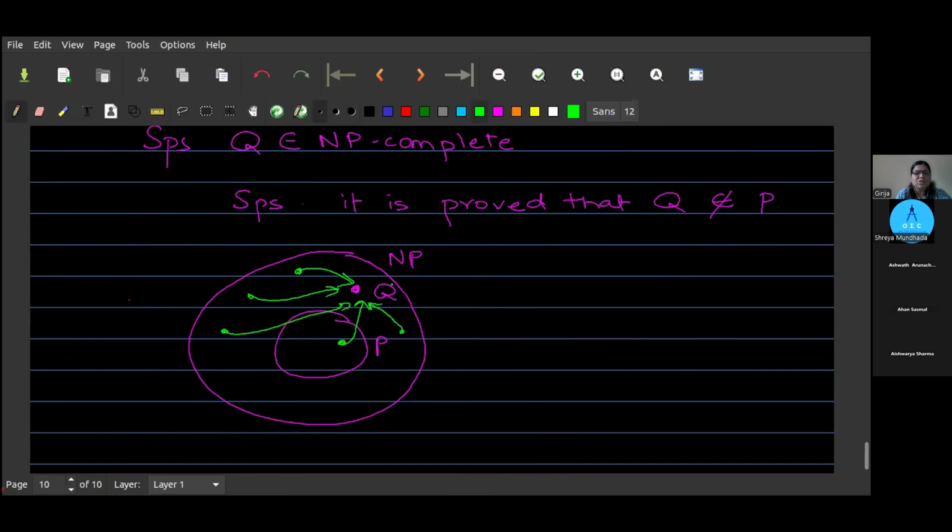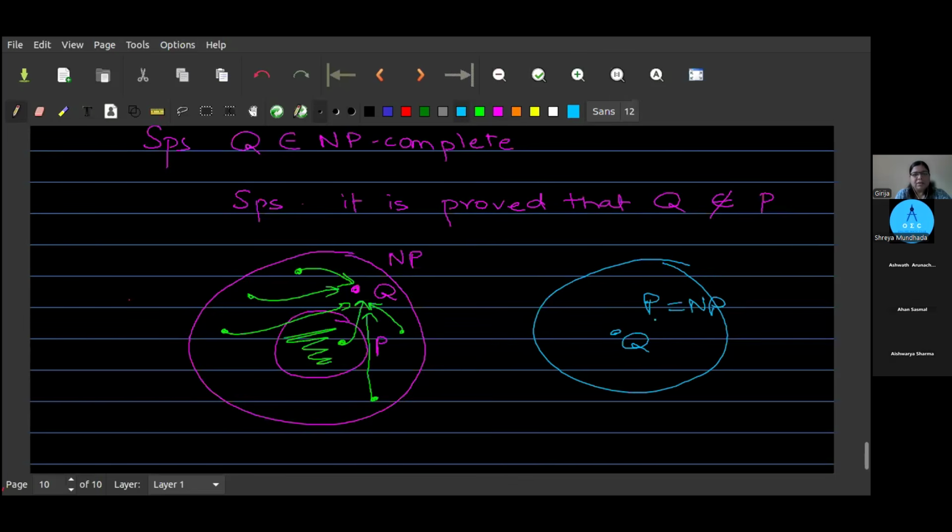But solving Q doesn't help these problems because they are already polynomial time. Everything outside P reduces to Q, so if I take Q inside, everything collapses. That's what we mean, right? If Q becomes a part of P, then everything collapses because everything goes in that inner circle.